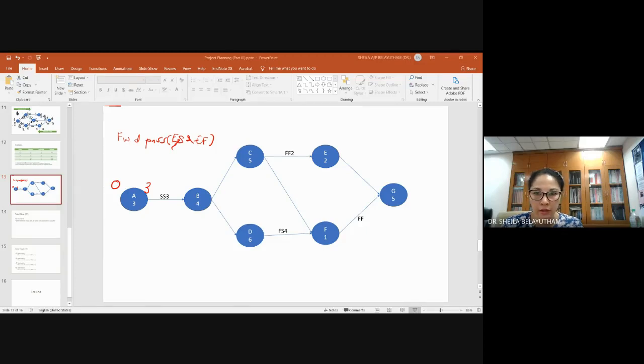And D will finish 13, F will start after 4 days. So finish to start 4. F will start 4 days after D has finished. So 13 plus 4, you get 17. That way you do not start before the activity completes. So we will pick the bigger one, 17.